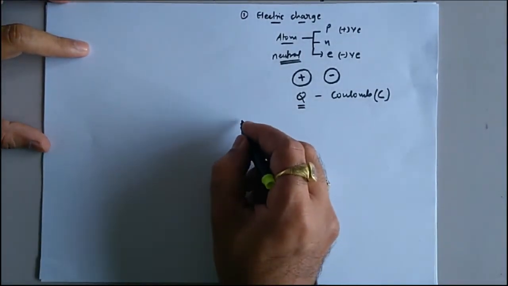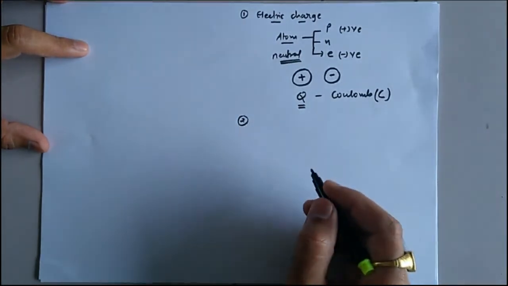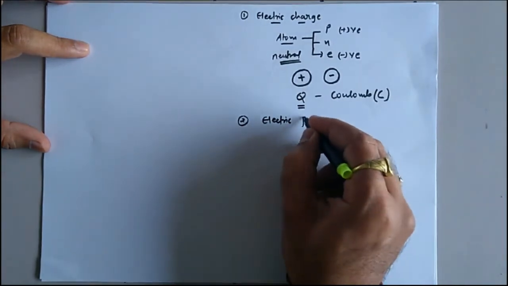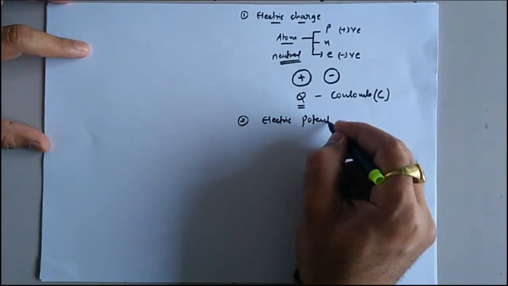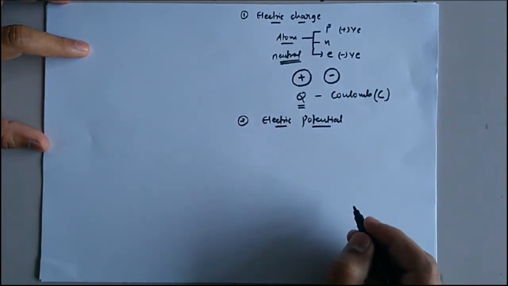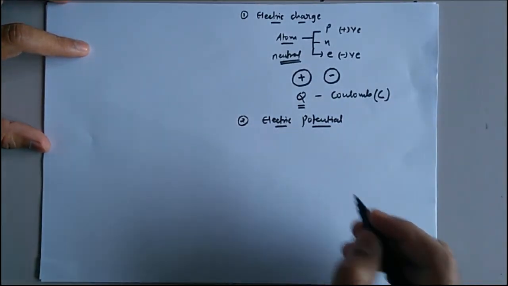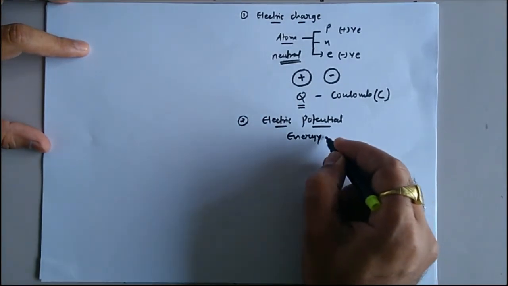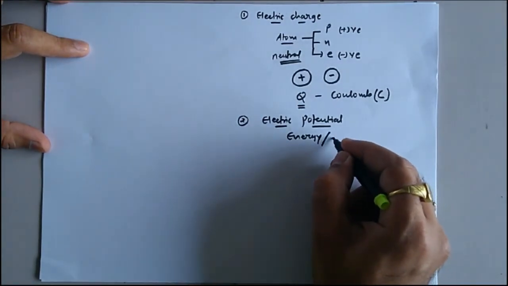Now the next point is the concept of electric potential. What is electric potential? Electric potential is defined as the ratio of energy per unit charge.